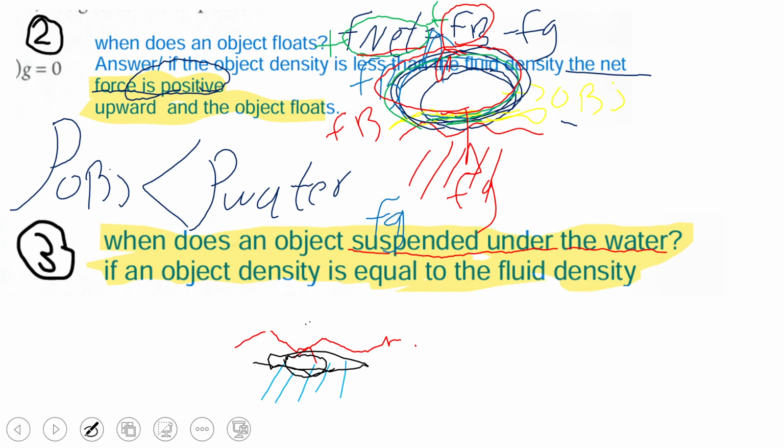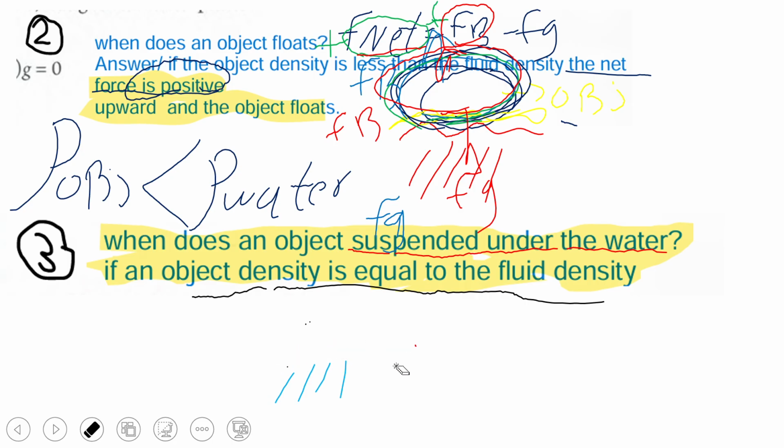So in that case, why did this happen? Because the density of the object and the density of the water are the same. Look, this is the surface, and this is the water. The object is stuck in the middle, between the surface and the water.